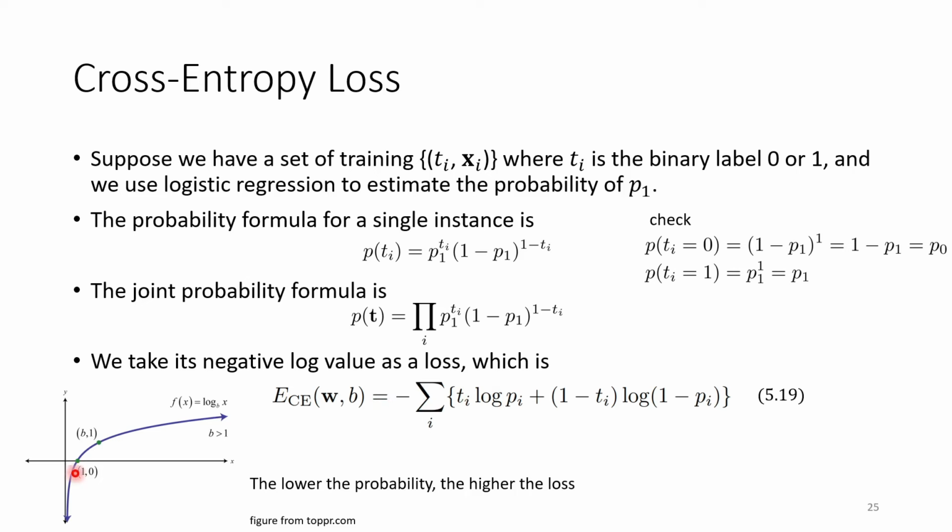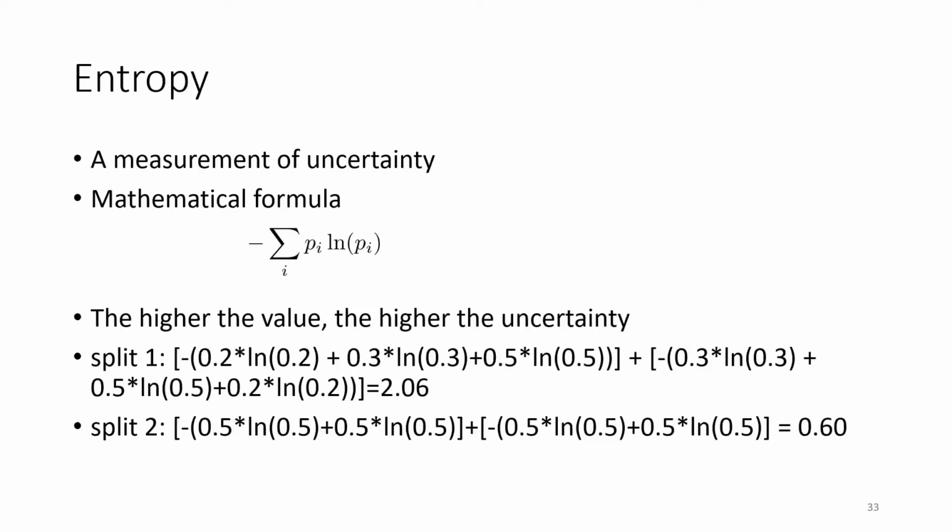The reason is the same. All probability values are between 0 and 1, and if you take the log value, all of them will be negative. The smaller the probability, the greater the negative value. That is also why we use this formula.